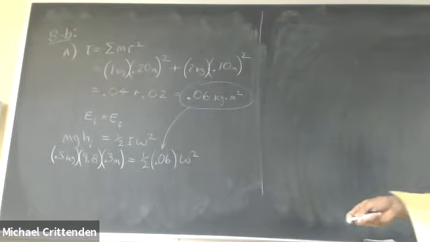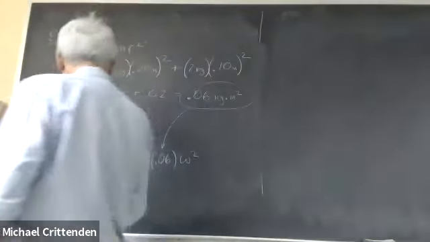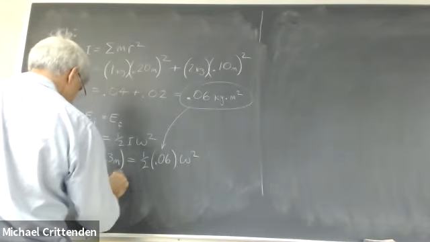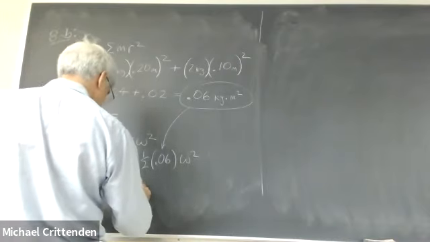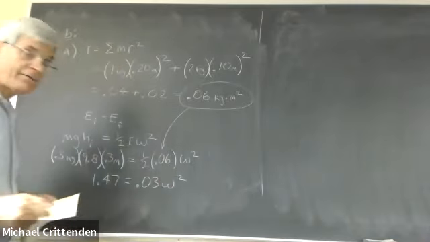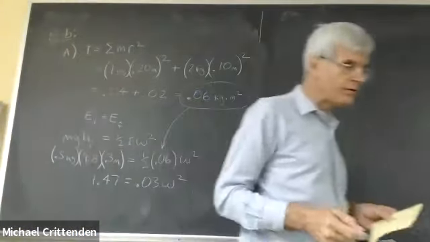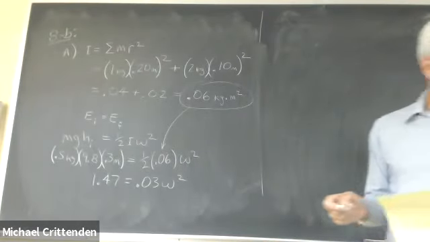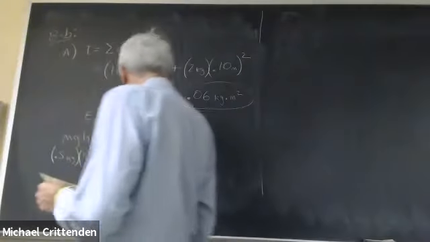And you solve it for omega. That times that times that is 1.47. Half of 0.06 is 0.03. Divide and then take the square root.